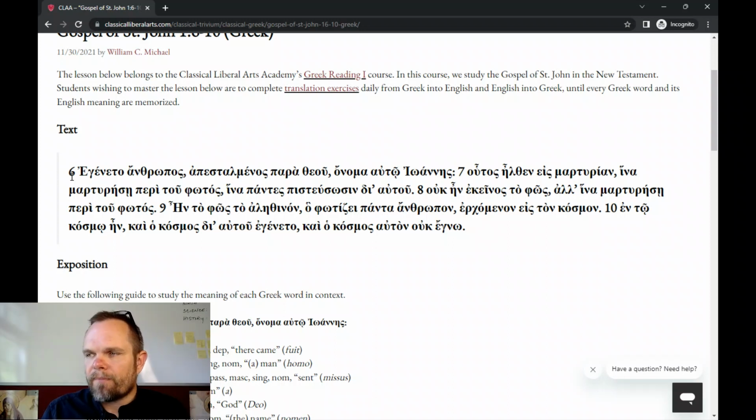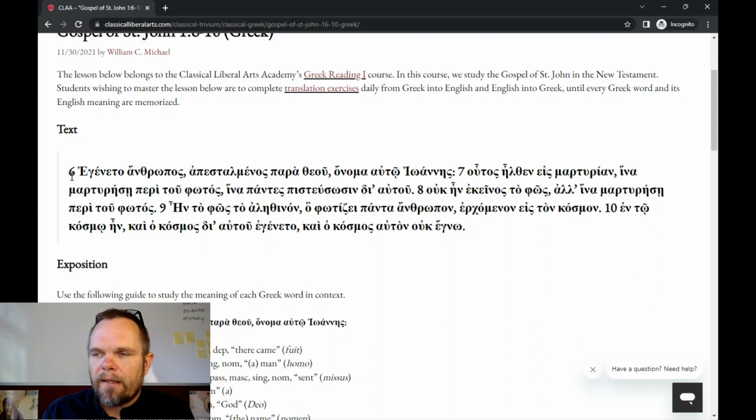Verse 7. Houtos elthen eis marturian, hina marturese peri tou photos, hina pantes pisteusosin di' autou. Verse 8. Ouk en ekeinos to phos, all' hina marturese peri tou photos.